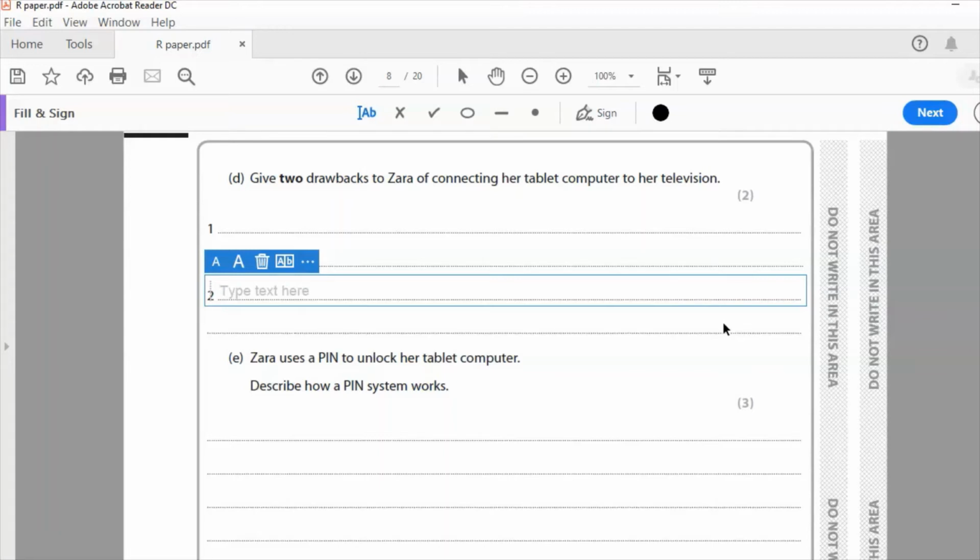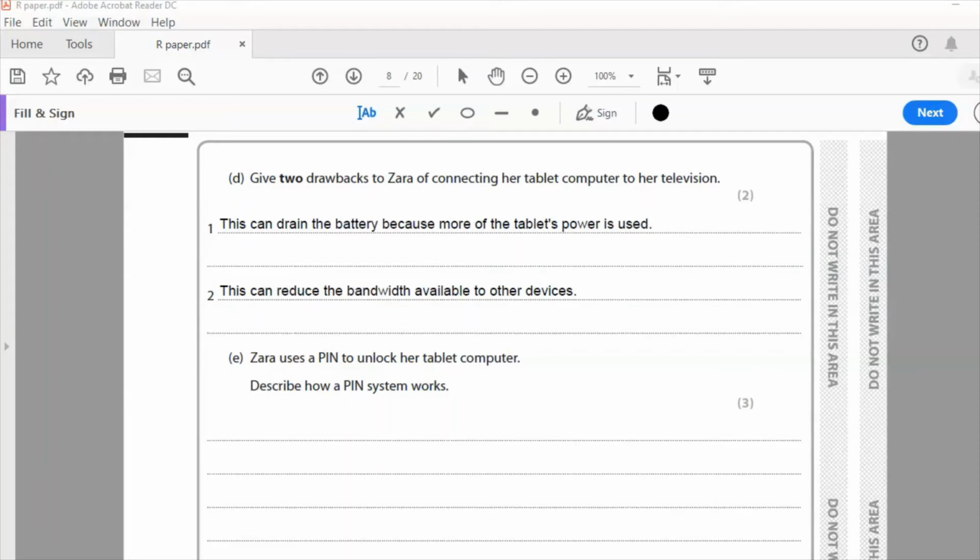Can lead to buffering, some delay, reduces the bandwidth. What you shouldn't write is interference here. According to the examiner report, interference is not enough to award the mark for lag. So not to use generic terms like interference.